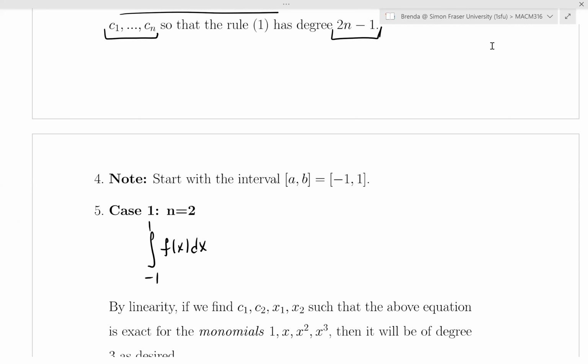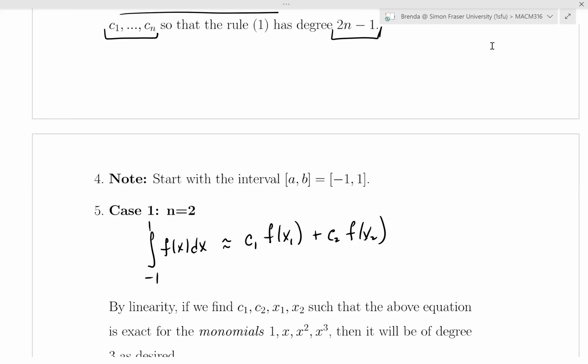Okay, there it is. And we are going to be allowed to evaluate the function at 2 different places. So we're going to make this approximately equal to some weight times the function at x1 plus some other weight times the function at x2. Okay, that's how I'm going to evaluate it.